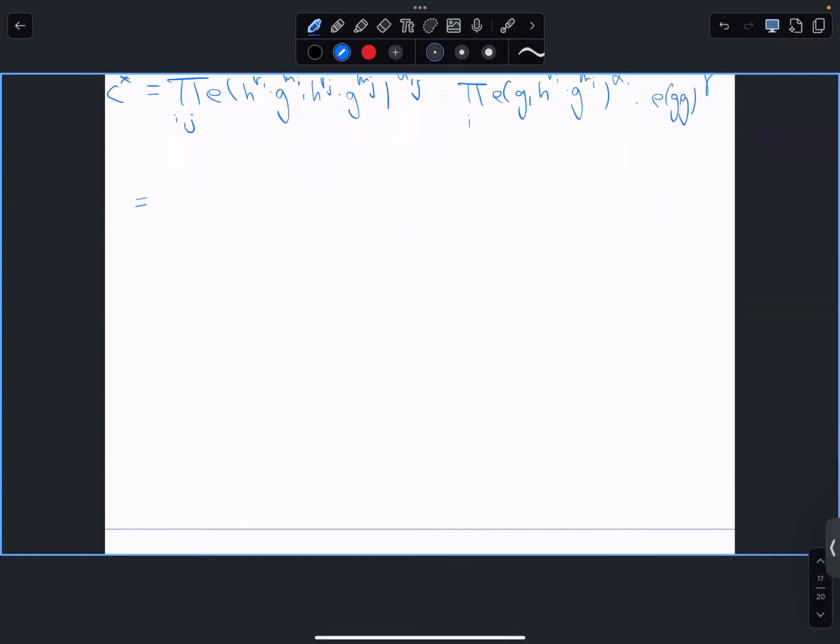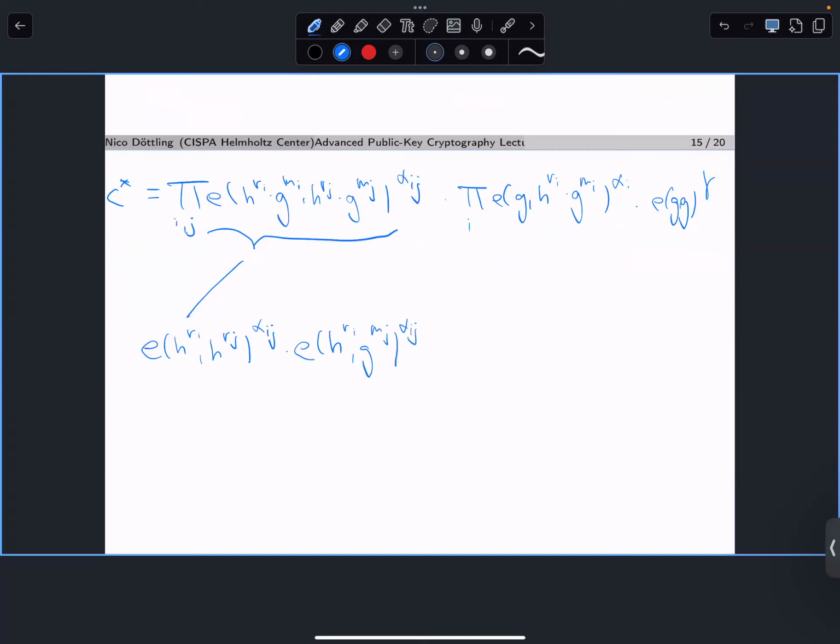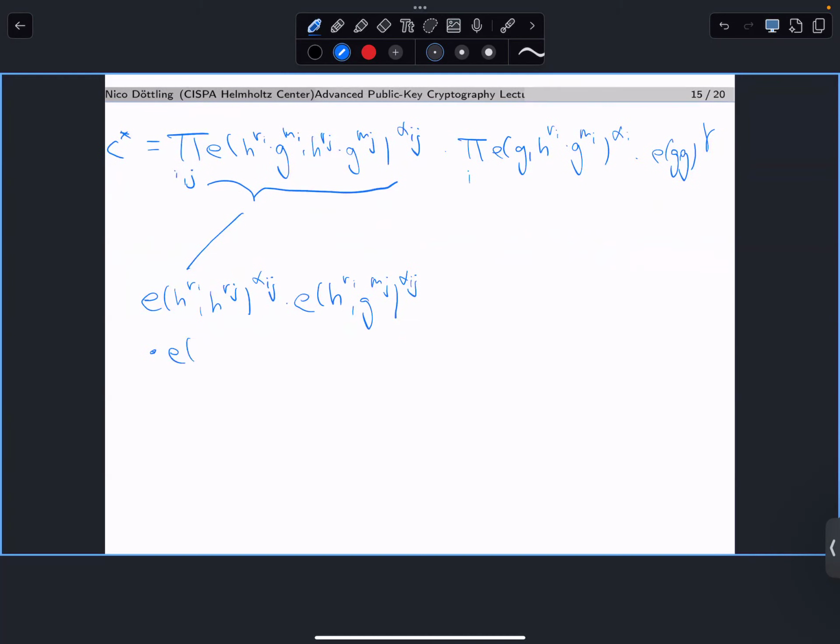If we take this, every single one of those is just E(H to the Ri, H to the Rj) to the alpha ij times E(H to the Ri, G to the Mj) to the alpha ij times, I'm writing it underneath to have some more space, E(G to the Mi, H to the Rj) to the alpha ij.